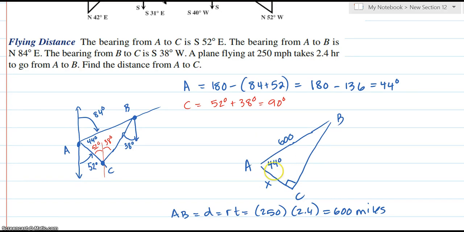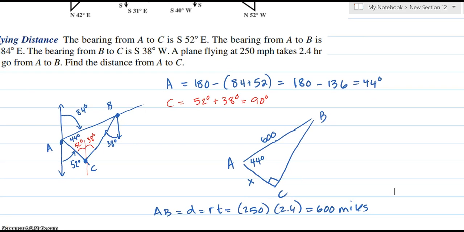This time we have an angle and two sides. So this is the adjacent, and here is the hypotenuse. I know it's kind of weird because it's in a weird position, but it's across from the 90 degrees, so it's the hypotenuse. Adjacent over hypotenuse, what is that? Cosine. So I'm going to use that 44 degrees. Cosine is the adjacent, which is the x, over the hypotenuse, which is the 600.